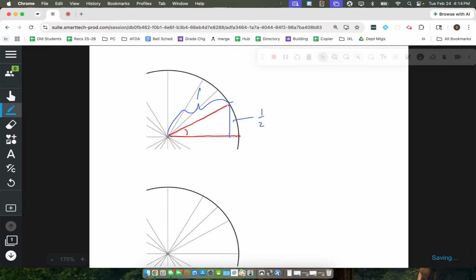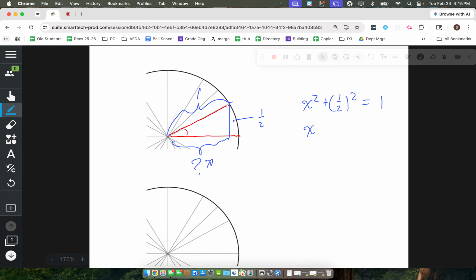This side of this triangle is 1. And the question is, what's the length of this side? Well, let's do a little Pythagorean theorem. This is x squared plus 1/2 squared equals 1 squared, which luckily is just 1.